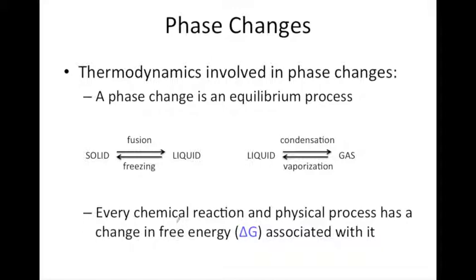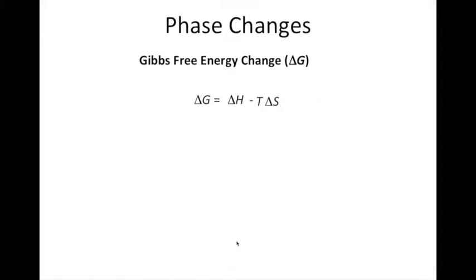every chemical or physical process, and therefore every phase change, has a delta G or a free energy value associated with it. And that's what we want to take a few minutes to discuss. Remember that Gibbs free energy, or the change in free energy for a process, be it a phase change or a chemical reaction, is given by this equation, which we'll discuss more in just a minute.